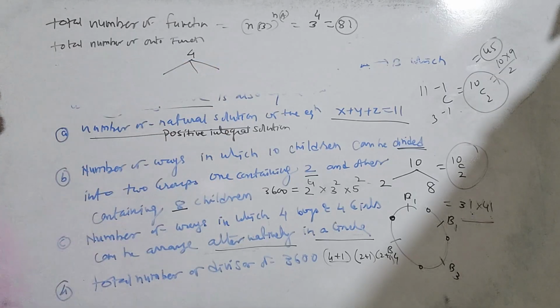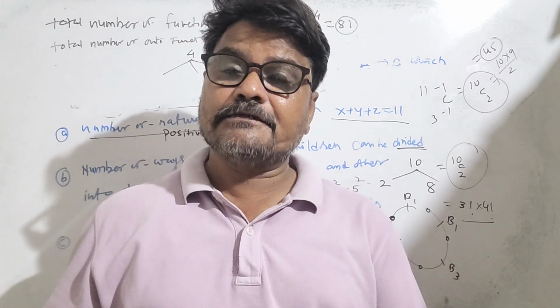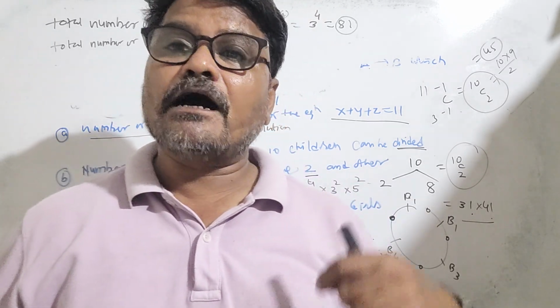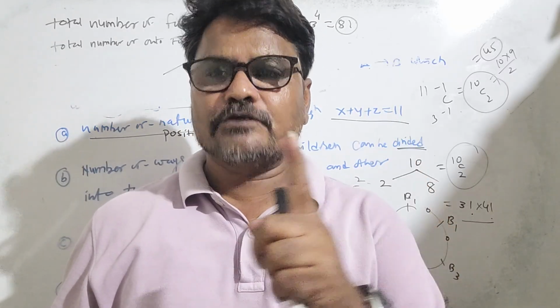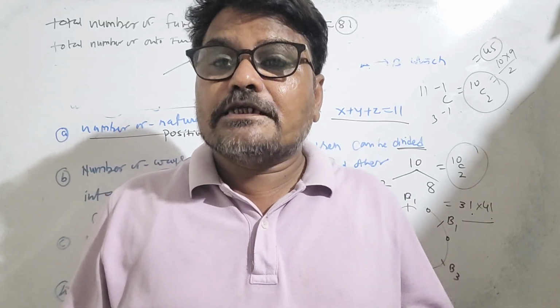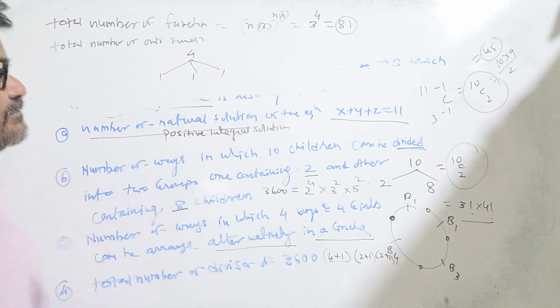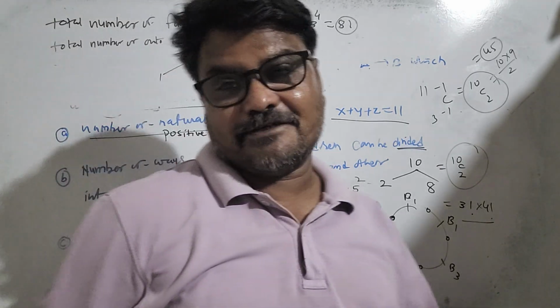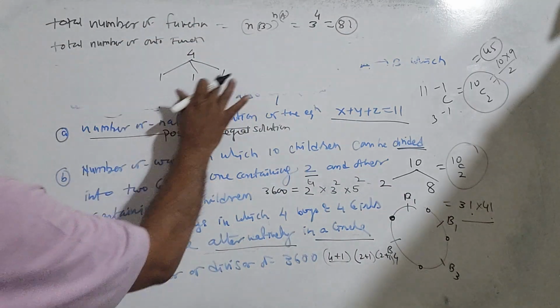We have to distribute these 4 distinct objects among 3 children such that each child should get at least 1. That is the way we can find out the total number of onto functions. So first give 1 to each, where each has to get at least 1. So 3, now the remaining 1 I can give anywhere.